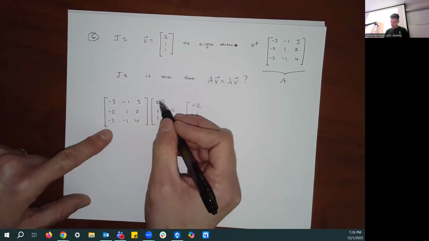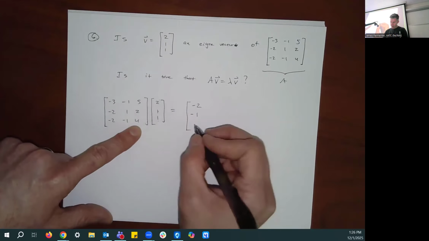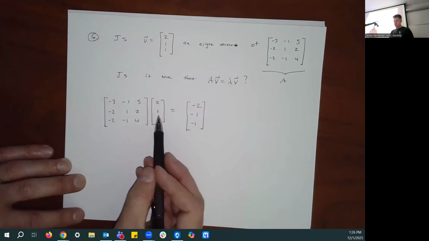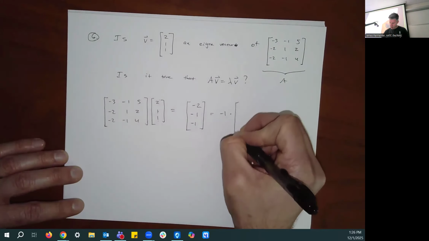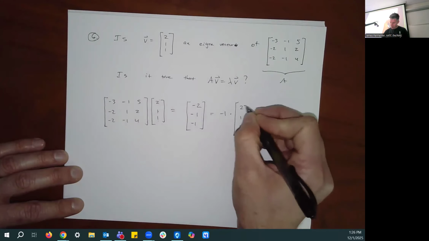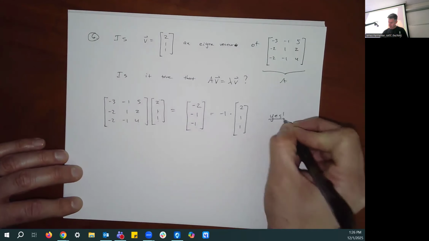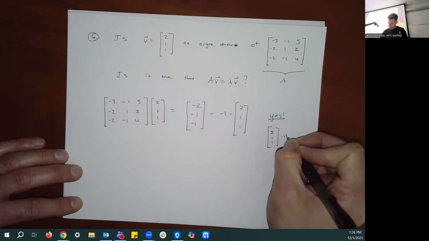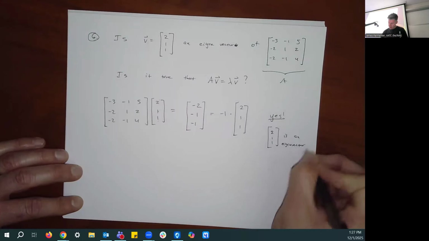And we get -4 minus 1 is -5, plus 4 is -1. That's looking good. That exactly looks like a multiple of this vector. In fact, we should write it as -1 times our original vector, 2, 1, 1. So the answer is yes, 2, 1, 1 is an eigenvector of that matrix.